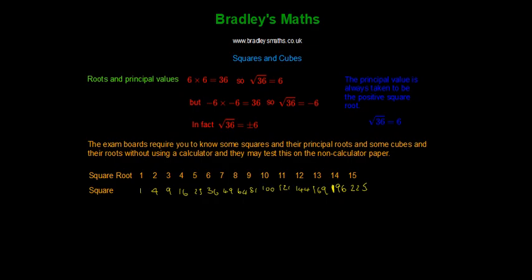And then we come to the cubes and the cube roots. 1 cubed is 1, so the cube root of 1 is 1. 2 cubed is 8, so the cube root of 8 is 2. 3 cubed is 27, so the cube root of 27 is 3. 4 cubed is 64, so the cube root of 64 is 4. 5 cubed is 125, so the cube root of 125 is 5.